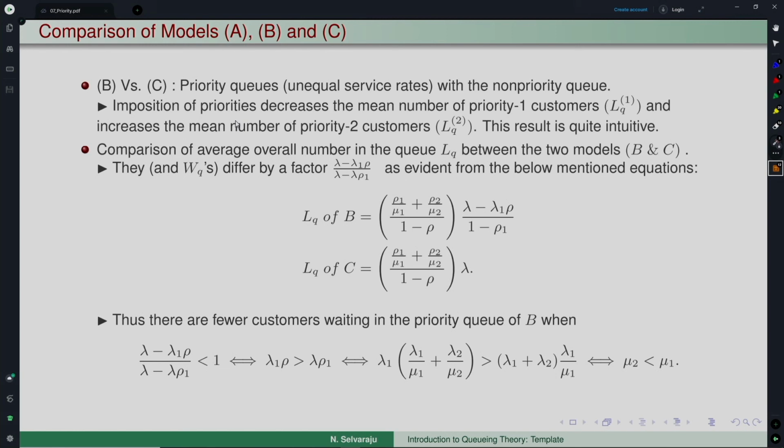You would expect it, because in one case you are treating all of them as equal. In the other case, you are giving some priority, though it is a non-preemptive model, but at least any higher priority customer jumps the queue. Some customers at least he will jump, so he gets service ahead. So, the number of priority 1 customers should obviously decrease, and the mean number of priority 2 customers will increase, for the lower priority customers.